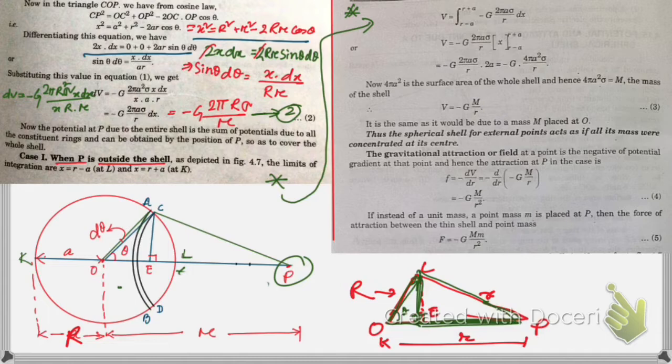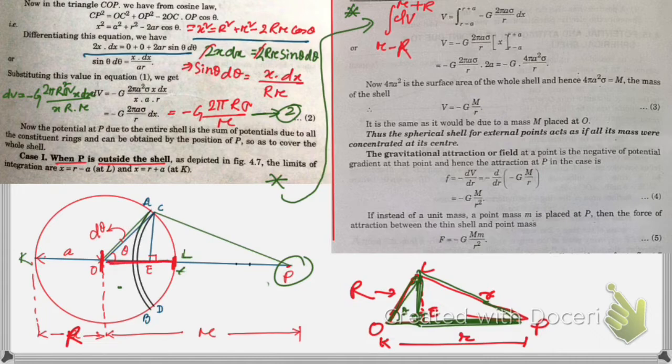So here you see this dv is integrated now. This dv is integrated from r minus a, actually it should be r minus capital R, to small r plus capital R. That means if you check this diagram, this is capital R, right?